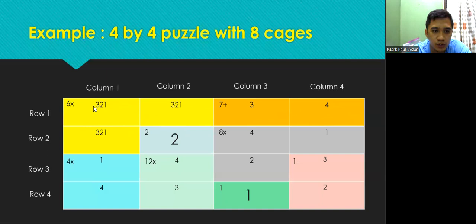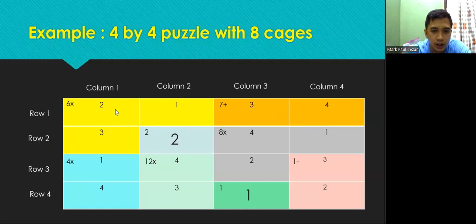So I'm not going to use the 3 here. If I'm going to use the 2 here, it will be the same. I'm going to break the rule that there shouldn't be any repeated number, 2 here and 2 here. That's why I'm going to put the 3 here and then the 2 here.